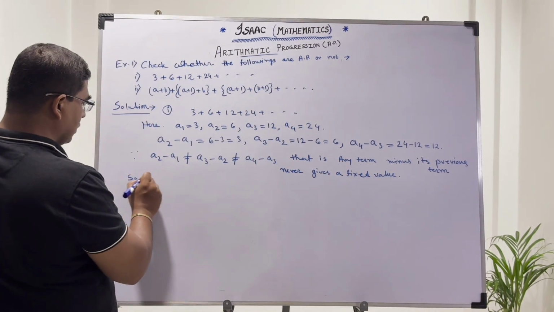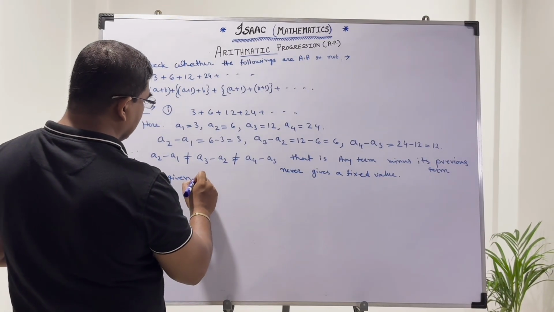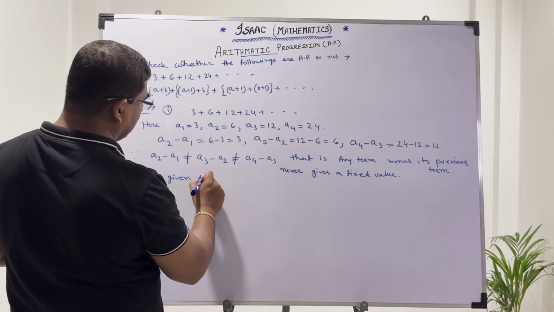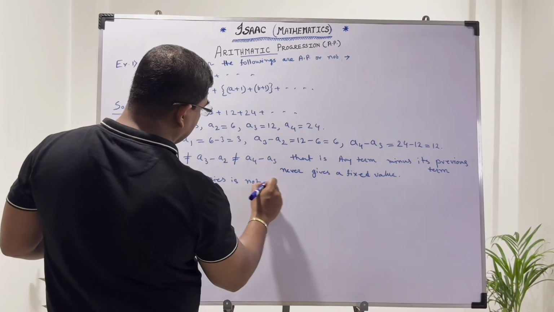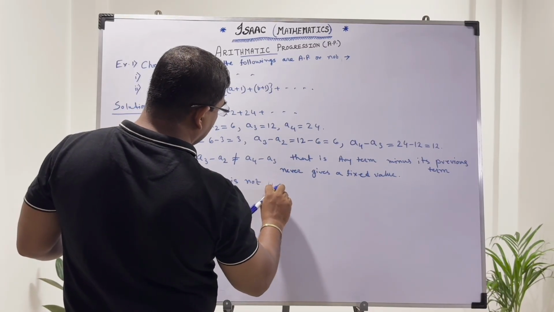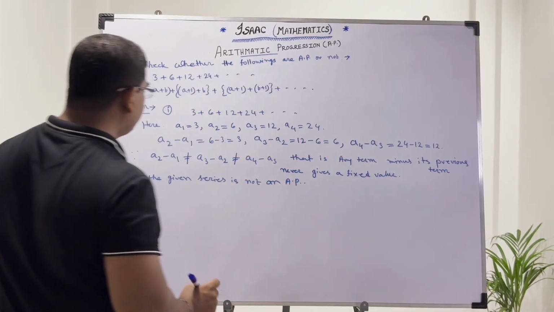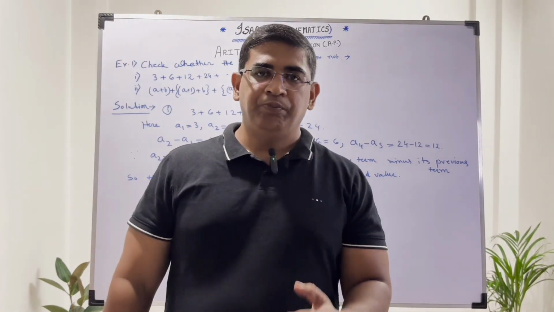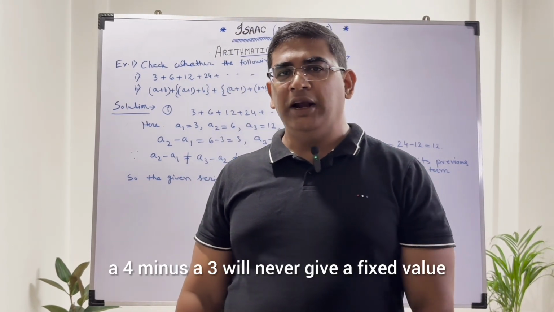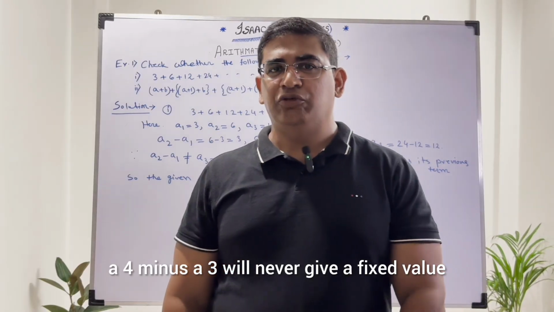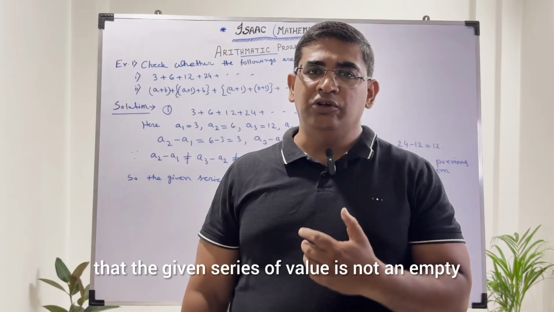So the given series is not an AP. In the first example, we observe A2 minus A1, A3 minus A2, A4 minus A3 never give a fixed value. That is why we can conclude that the given series is not an AP.